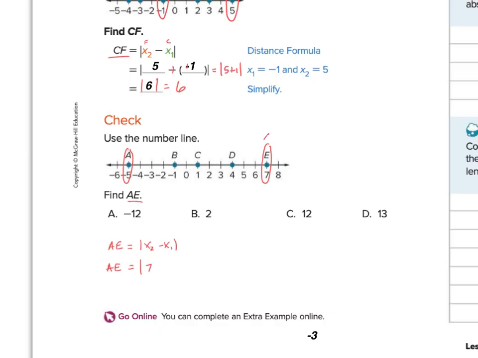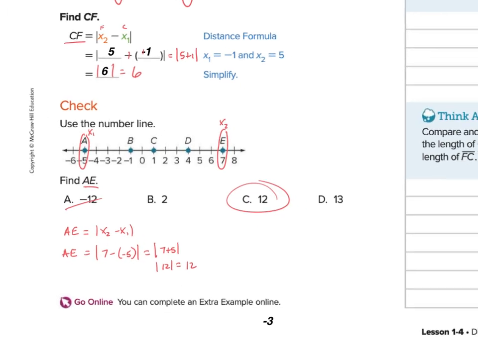If we say 7 is x2 and -5 is x1, 7 minus a -5 is going to be equal to the absolute value of 7 plus 5, or the absolute value of 12, which we said is 12. There you go. A -12 would have been thrown out because we can't have a distance or a length that is a negative number. So there you go. That's how we would do that.